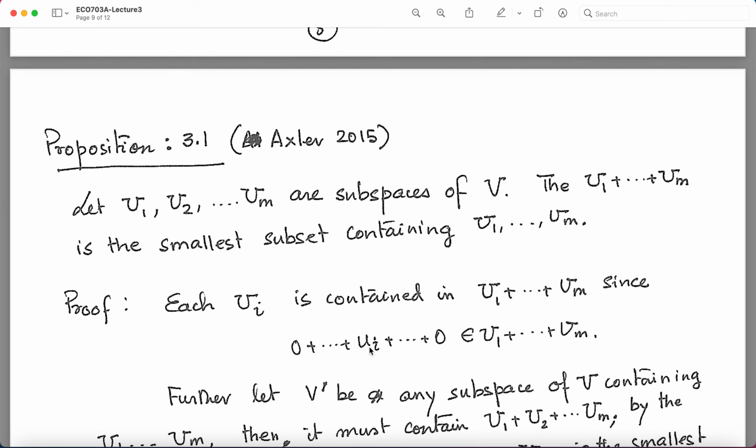So, 0 plus 0, only in the ith place I put an element, some element of Ui, plus 0, 0, 0, that is also in U1 plus U2 plus ... plus UM. So I keep all the other elements 0 and only keep elements from Ui in the ith place. Then the elements that are formed are only elements of Ui, but by the definition they are also elements of U1 plus U2 plus ... plus UM. As a result, we can say that each Ui is contained in this sum.